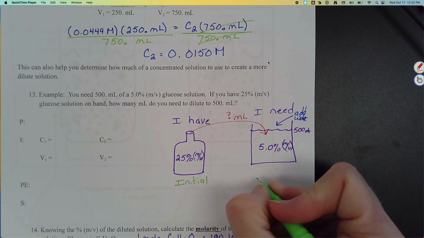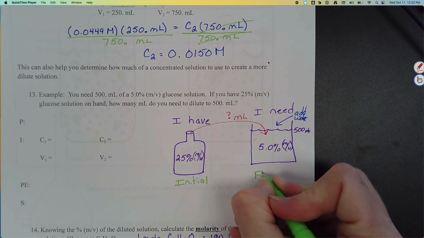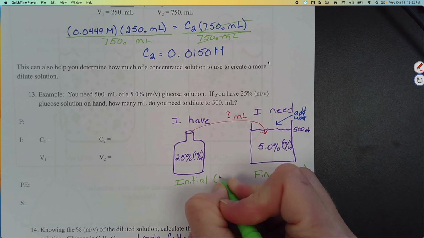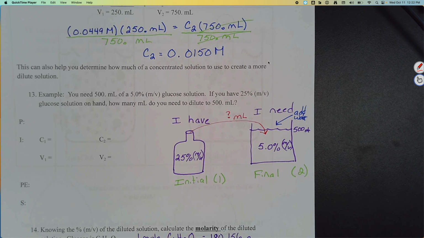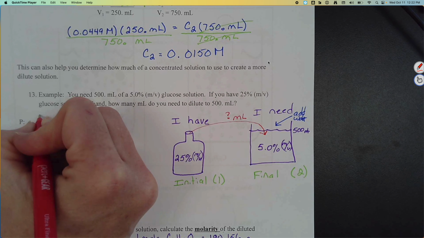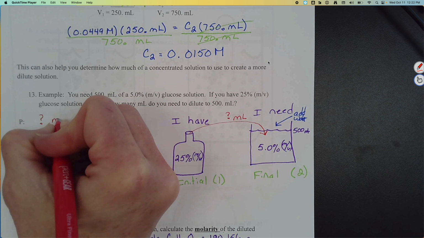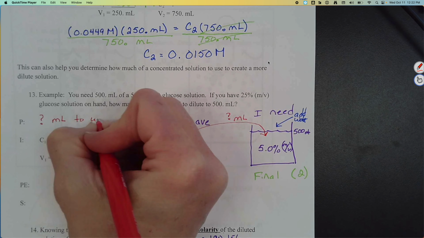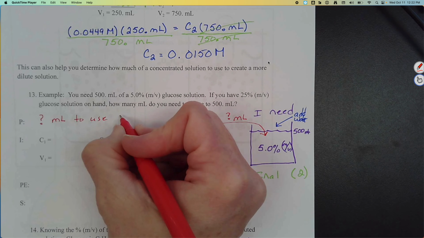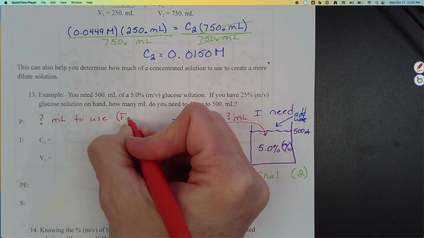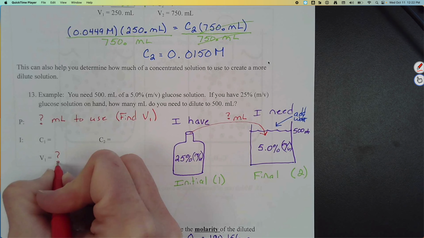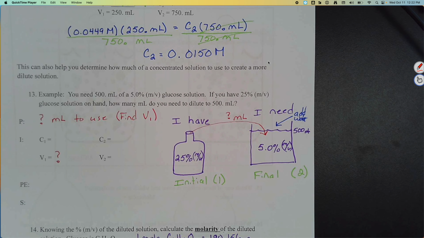That's my initial set of conditions. This is my final set of conditions. These are all the 2's. These are all the 1's. So my problem here is how many milliliters to use. Or in other words, find V1. That's the unknown piece at this point in time.